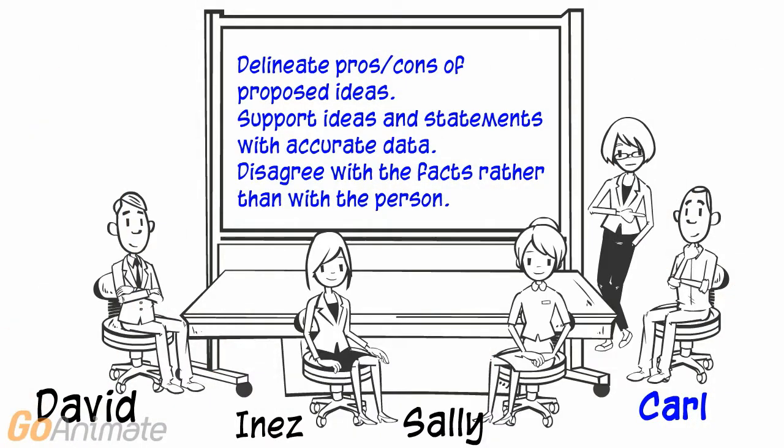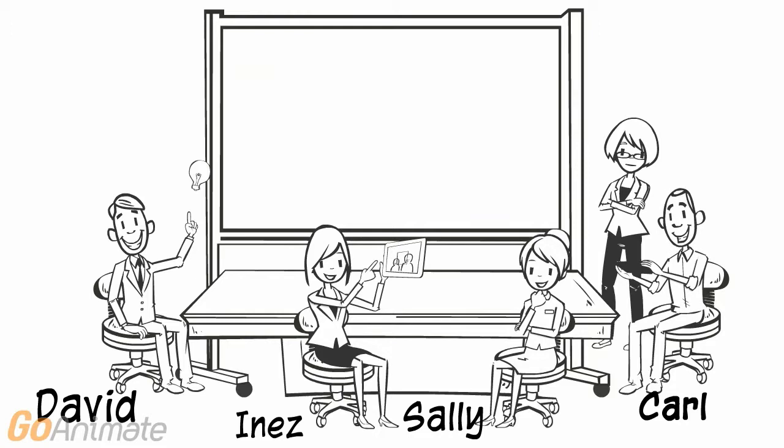Carl is a C. I'll need to work on my ability to delineate the pros and cons of proposed ideas, support ideas and statements with accurate data, and disagree with the facts rather than disagreeing with Carl personally. I hope that by adapting and adjusting my style to recognize that we are all different, I can provide the foundation for everyone to remain engaged toward our shared vision. Let's do it.